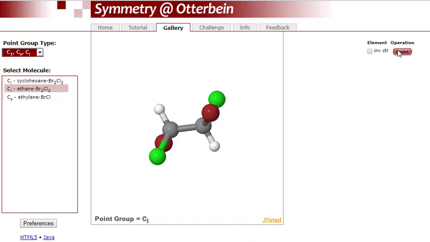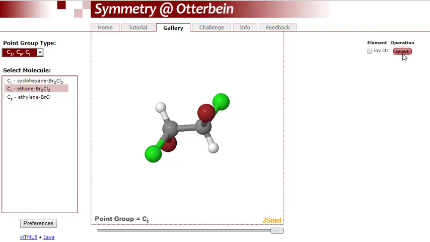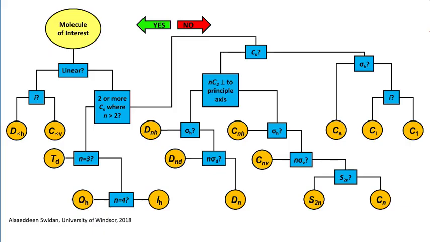So there is an inversion center. If you invert, you'll see that whatever is on plus x plus y plus z, there exists another atom that is the same on minus x minus y minus z. So in this case here, we do have an inversion center, so this would be a Ci.